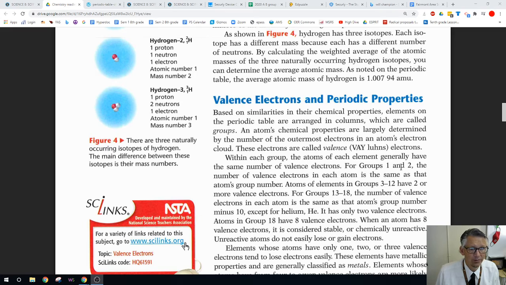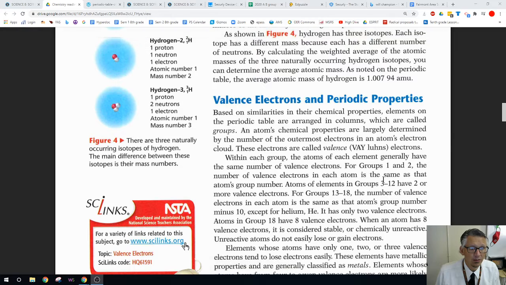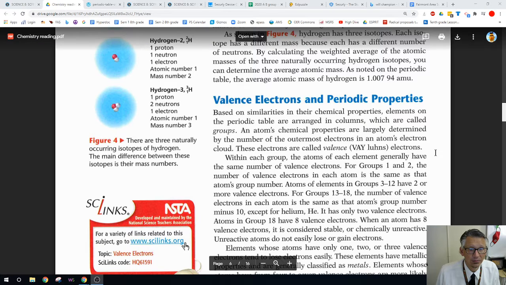Valence electrons in the periodic table. Based on similarities in their chemical properties, elements on the periodic table are arranged in columns, which are called groups. An atom's chemical properties are largely determined by the number of outermost electrons in an atom's electron cloud. These electrons are called valence electrons.